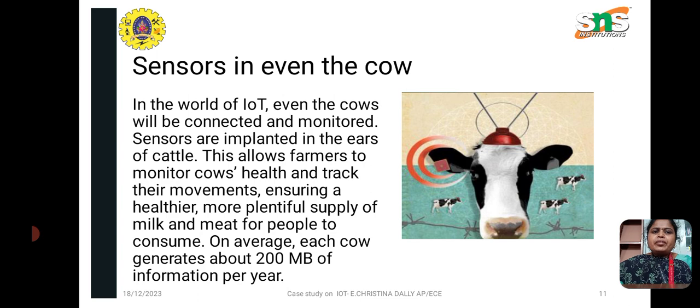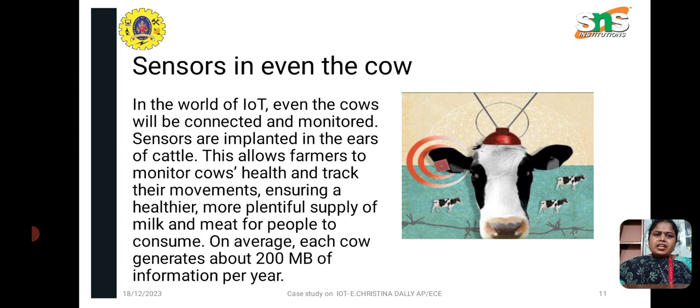So here we have some of the applications where IoT has been used, from agriculture to medicine, the manufacturing sector, and automobile industries. We use sensors even on the cow.